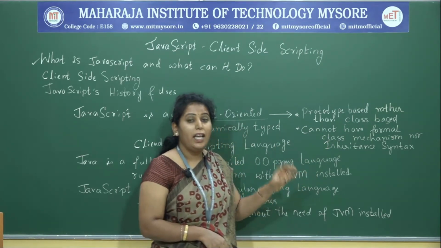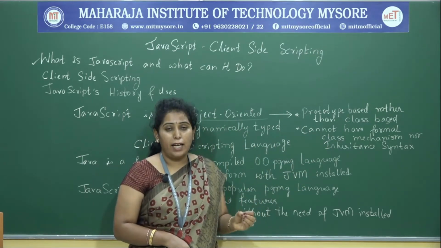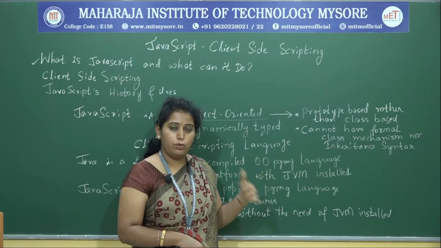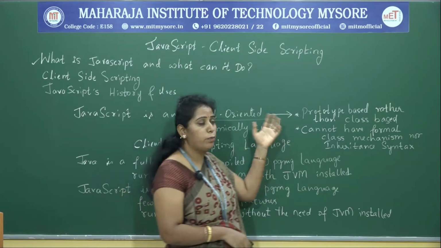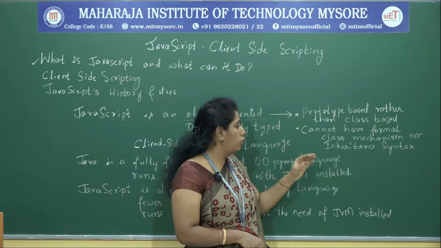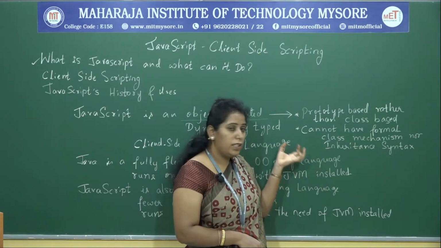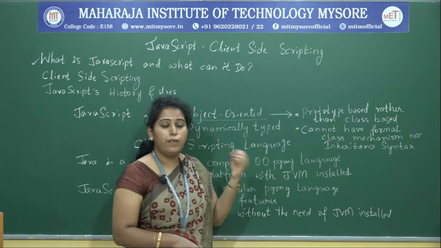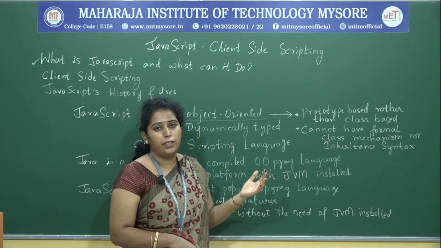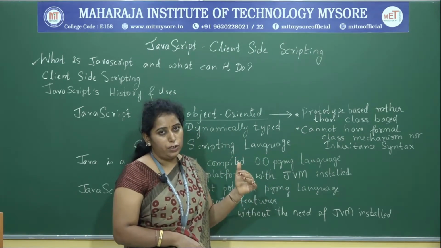We don't use the term class inside JavaScript to define any class, since it is prototype based, and also there is no inheritance syntax here. So this is how JavaScript varies from other object oriented programming languages.